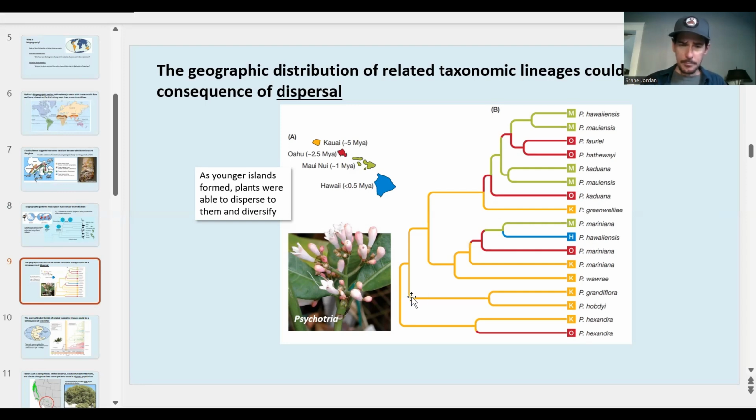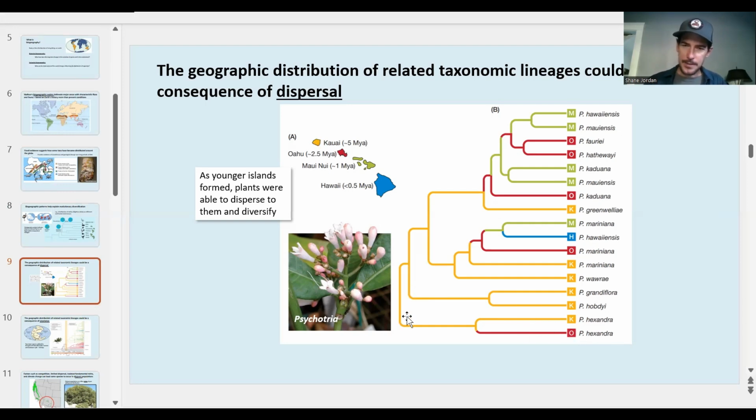It seems like the common ancestor of all modern Psychotria occurred on the island of Kauai. And subsequently, as the island of Oahu was formed, seeds of these individuals somehow or other dispersed to Oahu from Kauai.